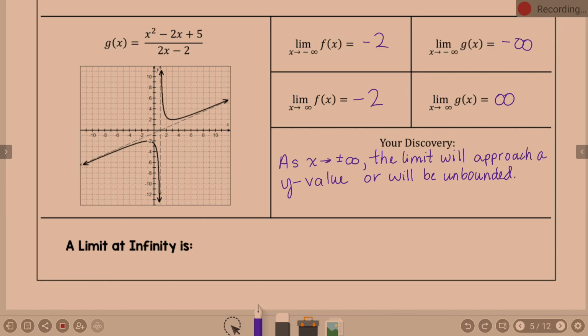Okay. If it approaches a y value, realize that is definitely a horizontal asymptote happening in that scenario.